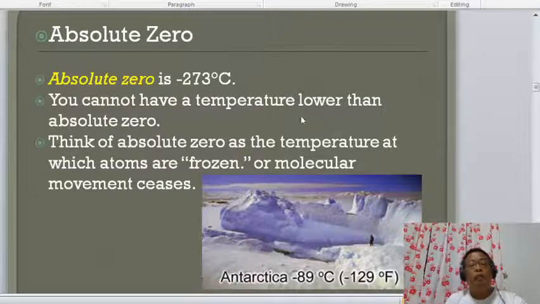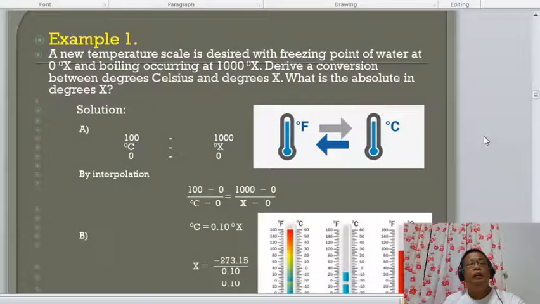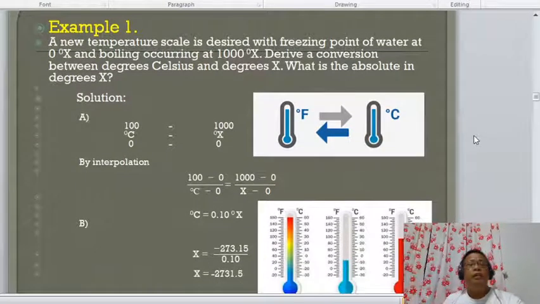Take note, absolute zero is negative 273 degrees Celsius. Okay, so it's quite far from the temperature in Antarctica.